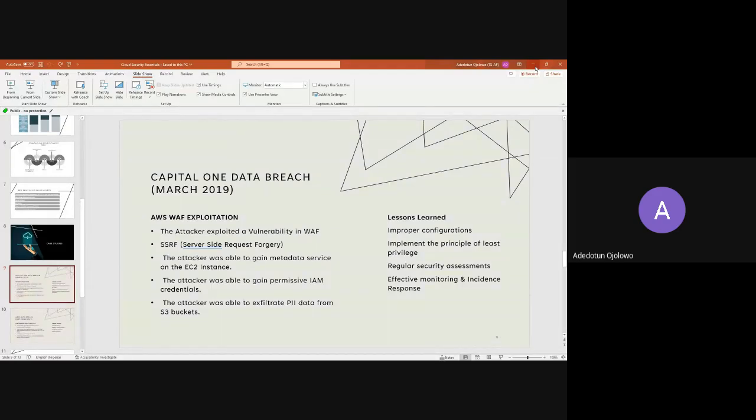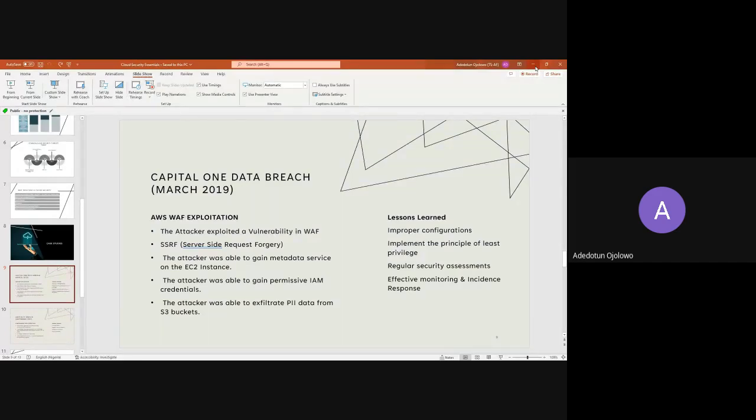How SSRF works is, imagine you are hosting a web application on a server. Once someone is able to execute SSRF, they are able to make server-side requests. On a normal day, you shouldn't be able to make requests to the server.